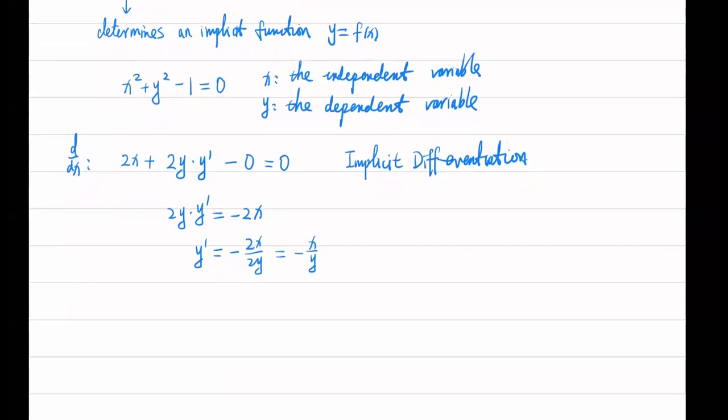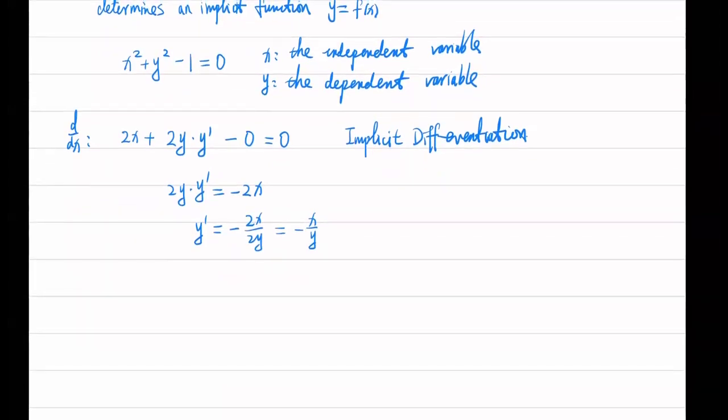Let's compare with the explicit derivative. We pick the square root of 1 minus x squared. Let's find the derivative.